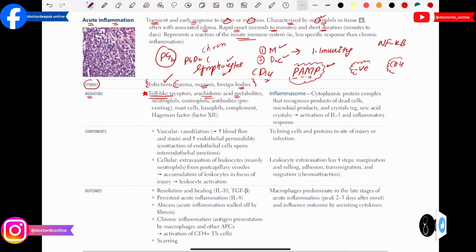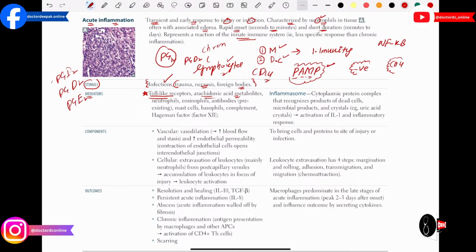They can also ask in the exam which prostaglandins mediate vasodilation and increase vascular permeability in inflammation. Basically, in inflammation the increased vascular permeability and vasodilation occur because of PGI2, prostaglandin D2, and prostaglandin E2.